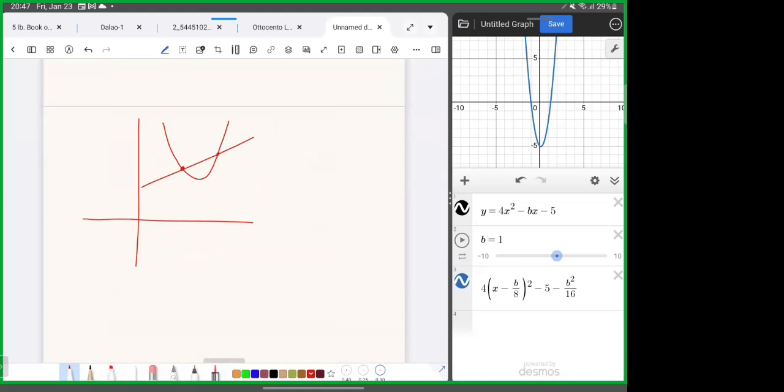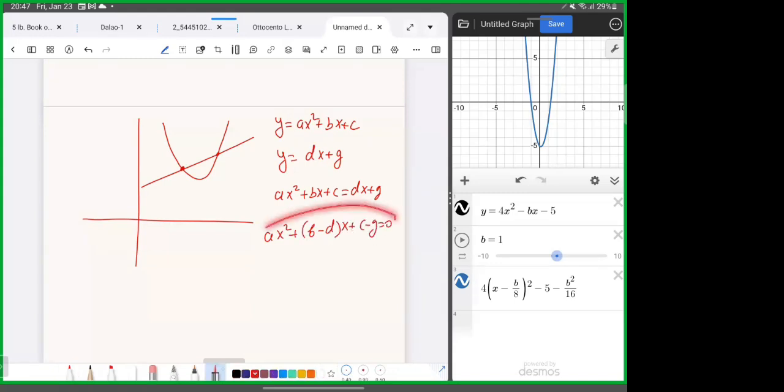When the parabola and line intersect at 2 points, for example, the parabola's equation is given as ax squared plus bx plus c, and let's say the line equation is also given, something like dx plus g. You will be asked to find some parameters. What you should do is just equalize them and simplify. If you simplify it, you get (b minus d) x plus c minus g equals 0, and it becomes a new quadratic equation.